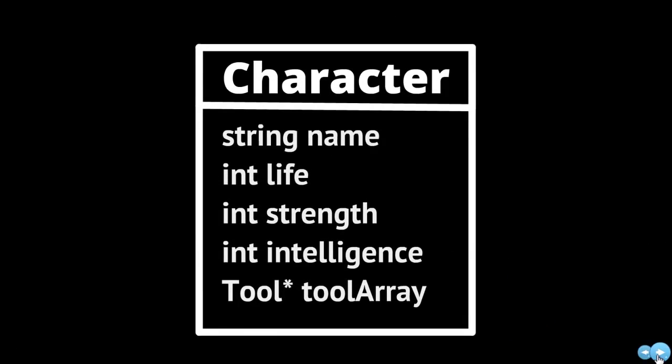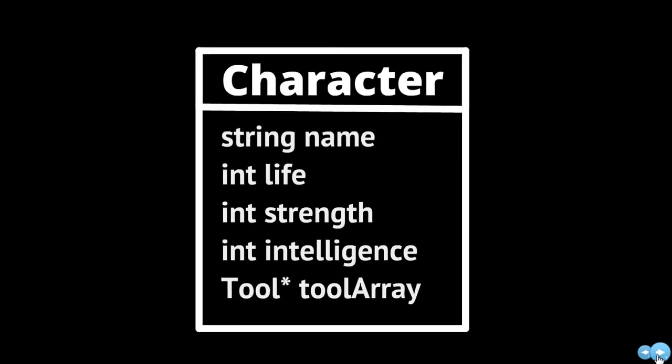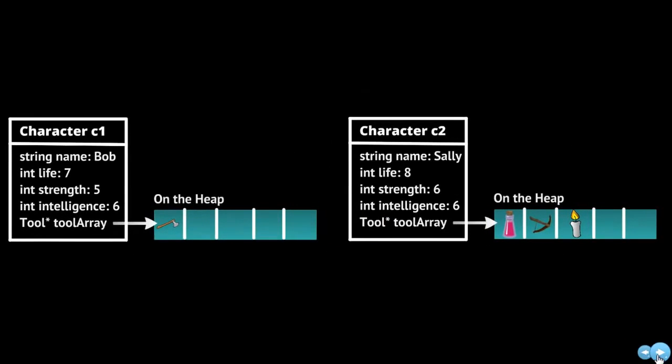So in this example, we have the exact same data members, but we have one additional data member: a tool pointer, and the identifier is called tool array. We can imagine that each one of our characters in this game can have some array of tools. So let's say that we have characters C1 and C2 again.